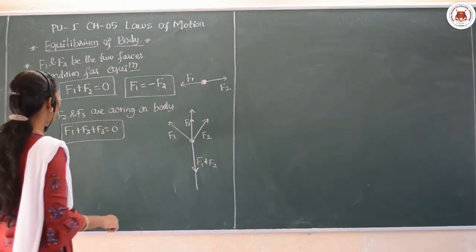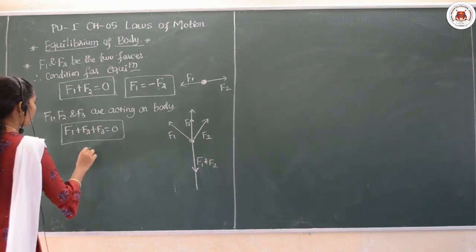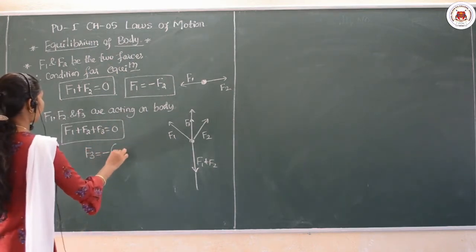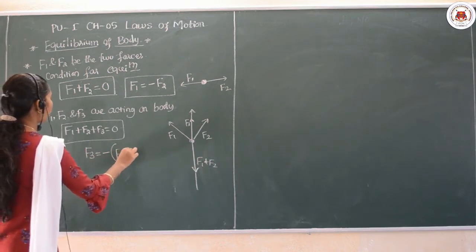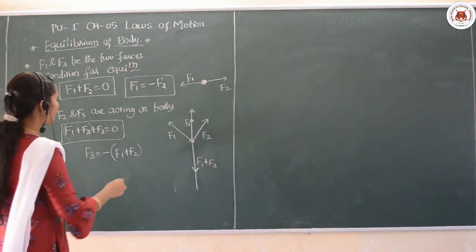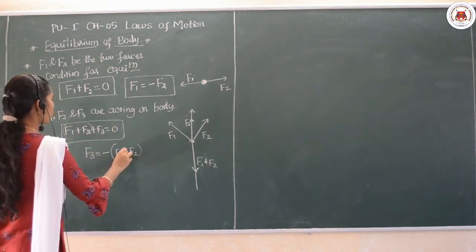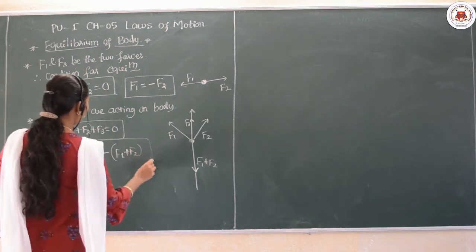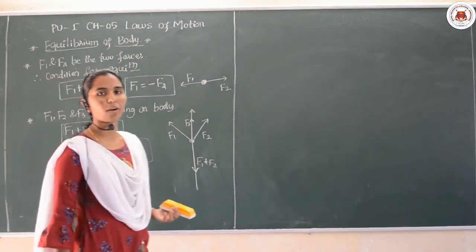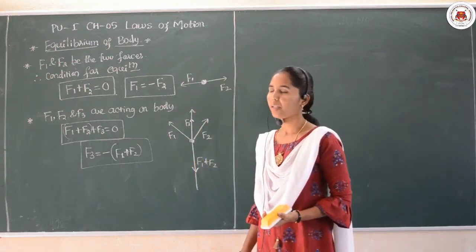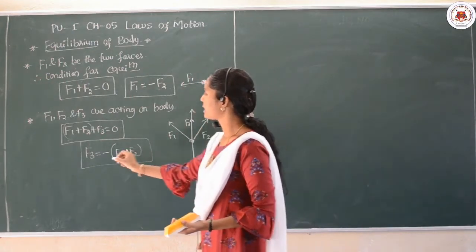Remember one thing, F3 is represented as minus of F1 plus F2. So if I take this term to the other side, it becomes minus of F1 plus F2. This is the condition for the equilibrium of the body when three concurrent forces are acting on it. So what is it indicating?